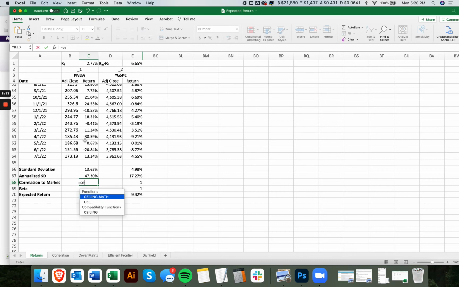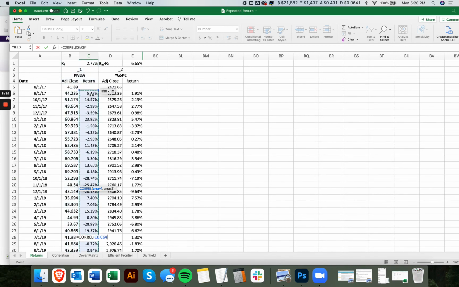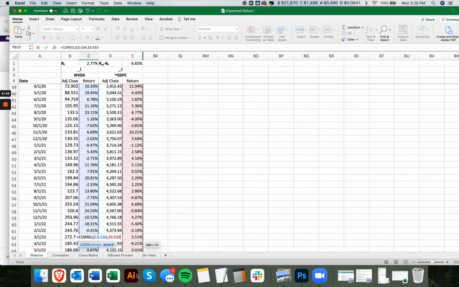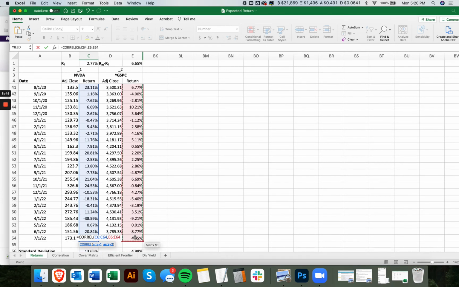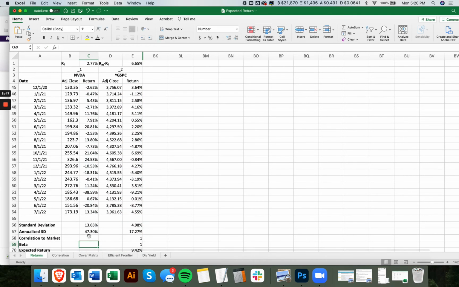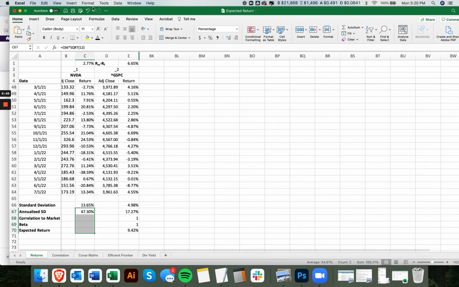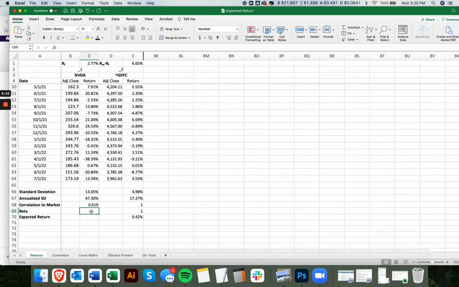So we're going to use the correlation function here. Our first data array is Nvidia's returns, and then the second array is the market returns. Again, we have this weird problem where these numbers are coming in as white. There we go. So now the beta.